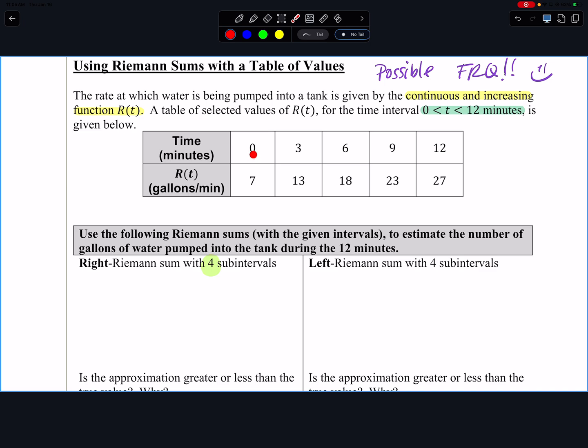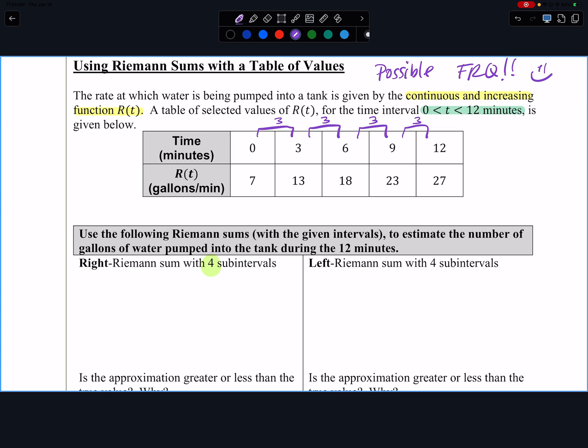You need to pay attention to how far apart the x's are. So conveniently here, what's the distance between 0 and 3? 3 to 6. 6 to 9. 9 to 12. So the width here is always 3. So that's nice. So from here to here, that's 3, 3, 3, 3.